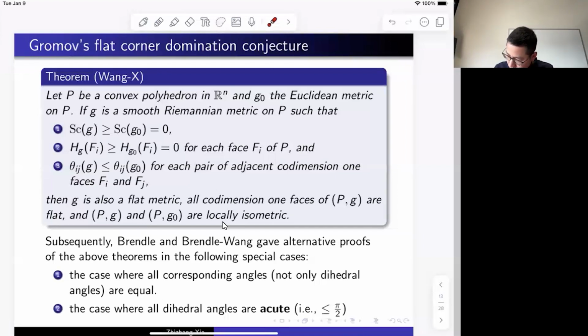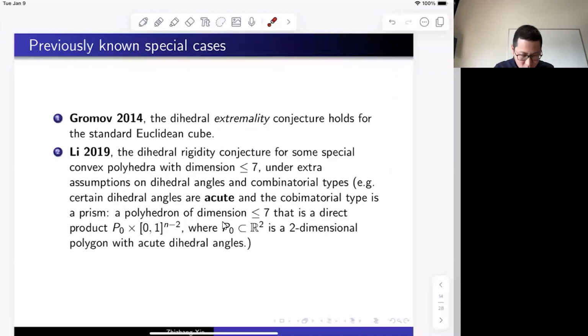Now, I should also mention that previously, before our work, Gromov himself, in his paper from 2014, by using a gluing and smoothing argument, showed the dihedral extremality conjecture actually holds for the standard Euclidean cube, for example.